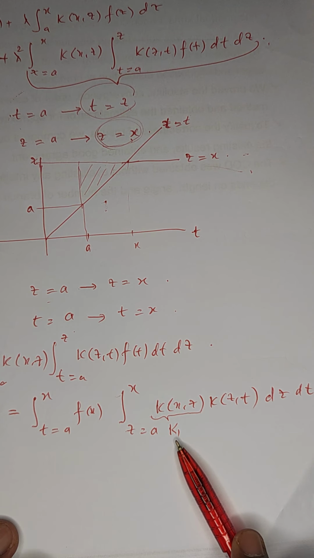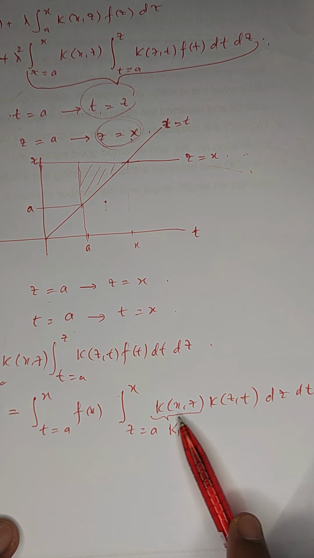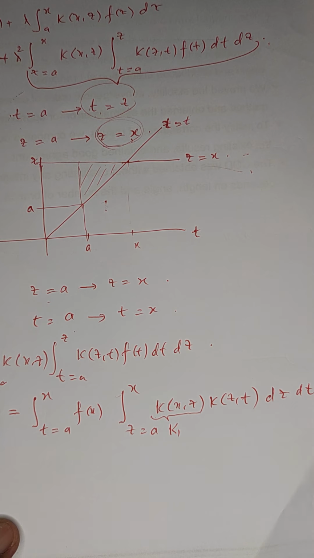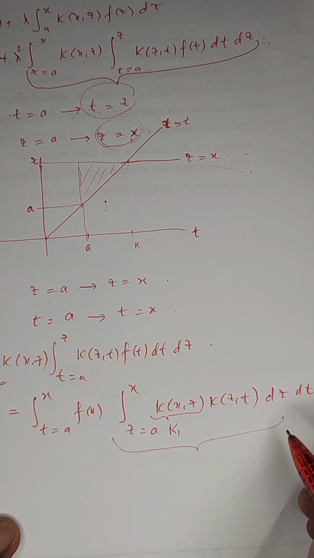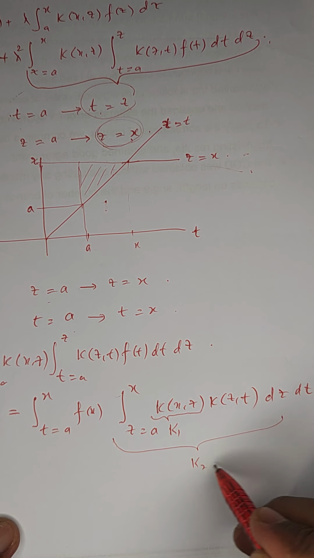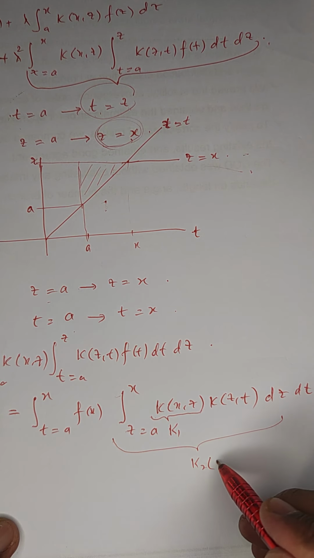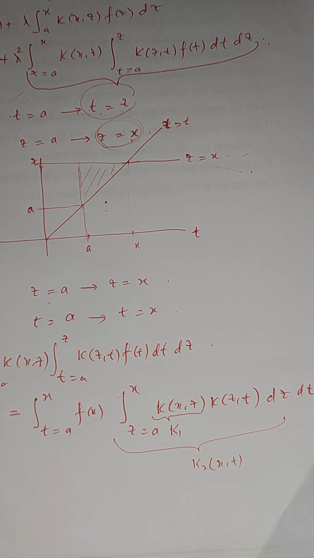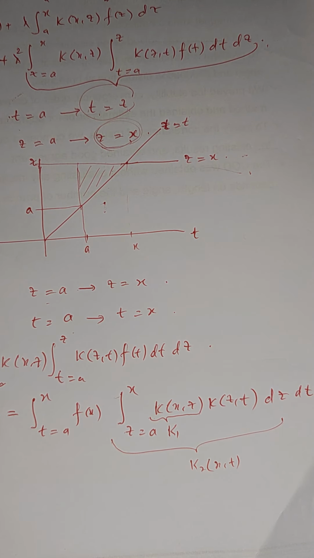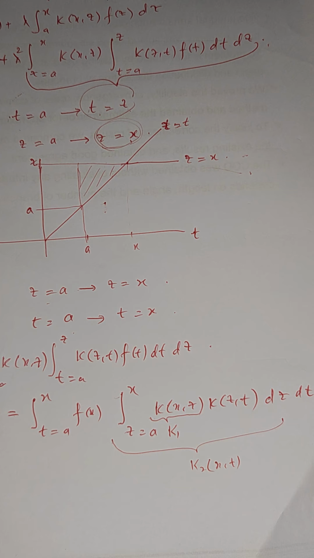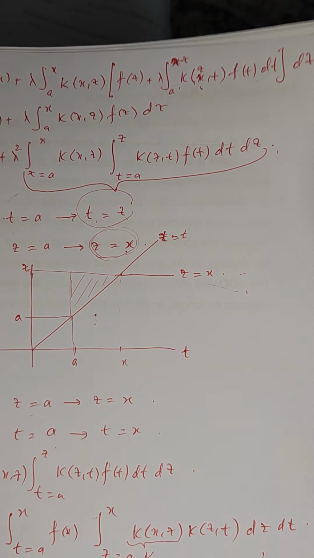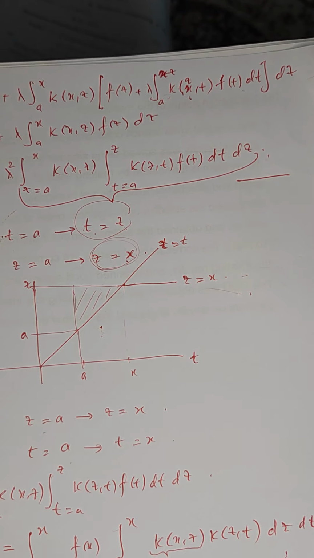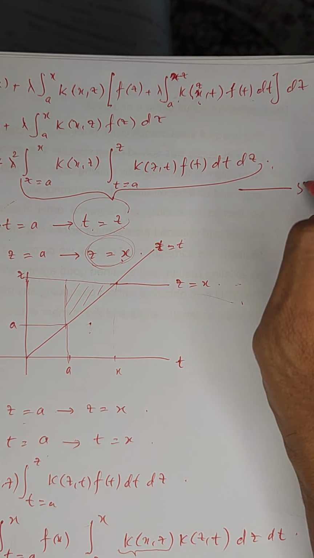So I can consider this as k1(x,t), and then the whole term here is actually k2(x,t). Correct?